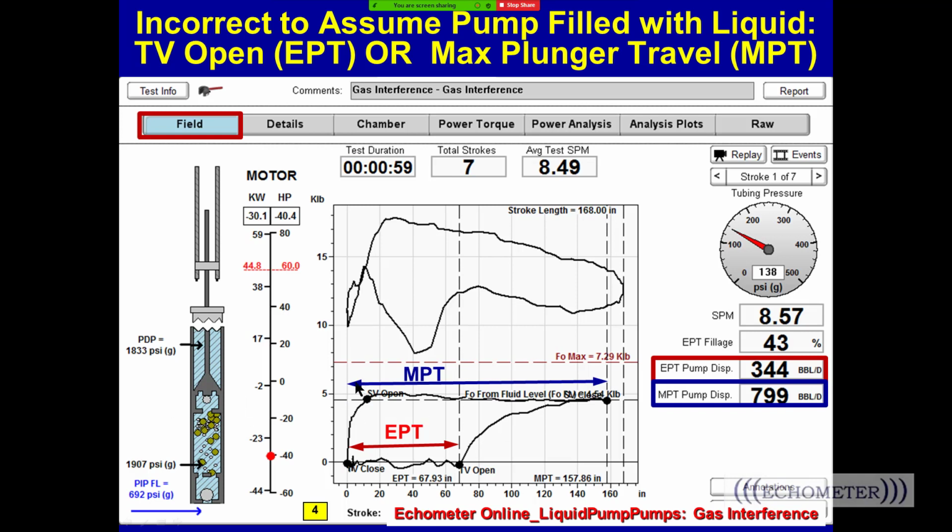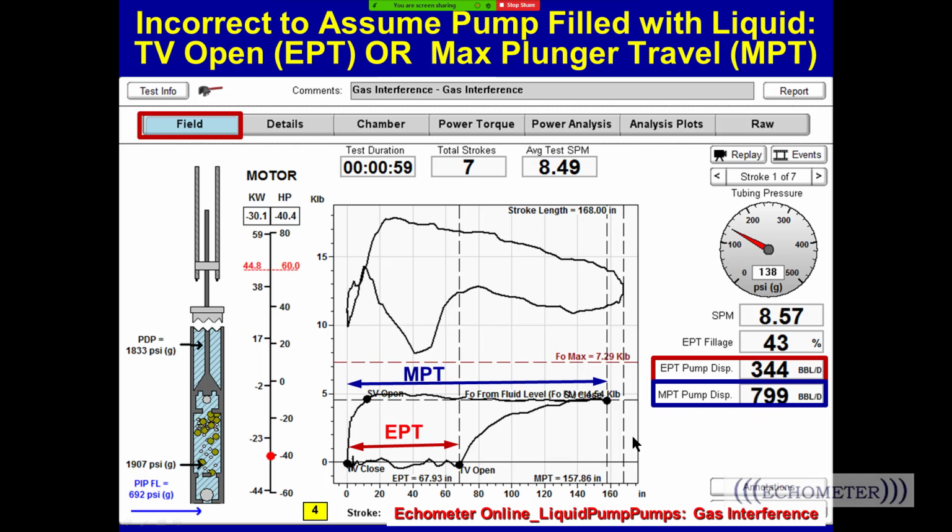If you have this much of the stroke, all the way for the maximum plunger travel, and the pump were completely filled with liquid on the downstroke, then the liquid displaced in the tubing would be equal to the inches of stroke input to that equation times the pumping speed times the diameter squared times a constant. That would be the pump displacement, and that's approximately 800 barrels a day.